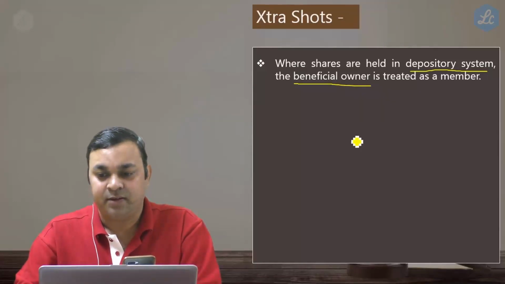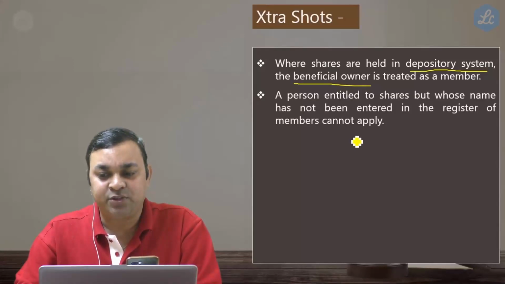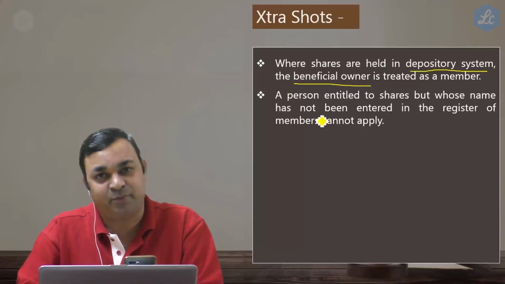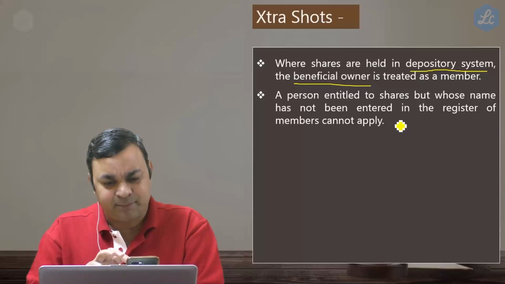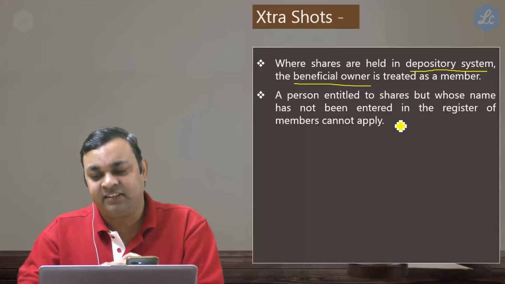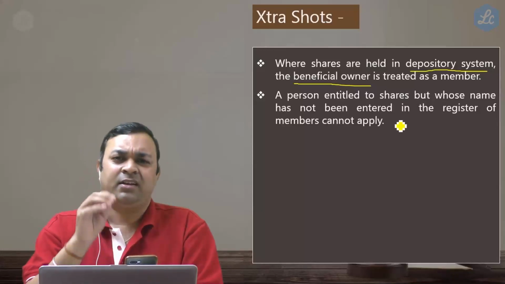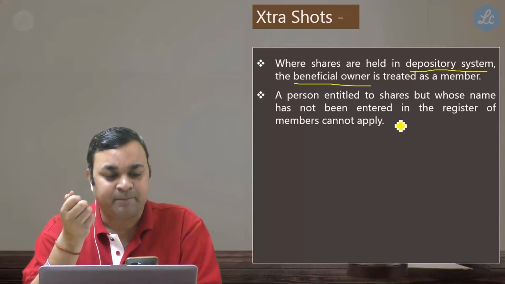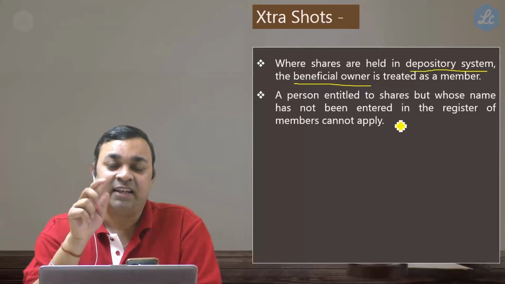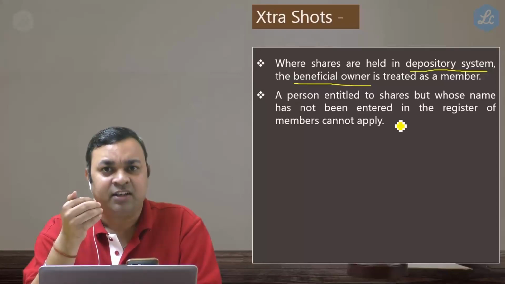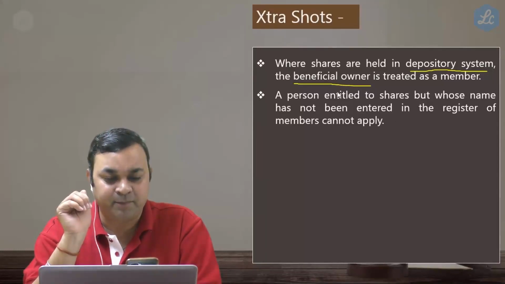Second point: a person entitled to shares but whose name has not been entered in the register of members cannot apply. Now this is the most important point, and it can arise in various situations. Suppose there is a Mr. A and Mr. A dies. In that case, his son, the proposed nominee, should enter his name or transfer his father's shares in his own name.